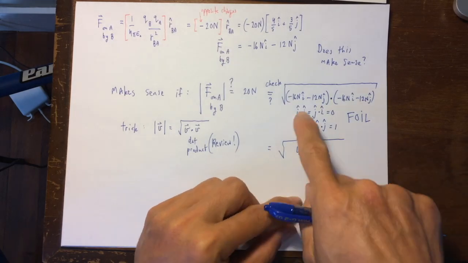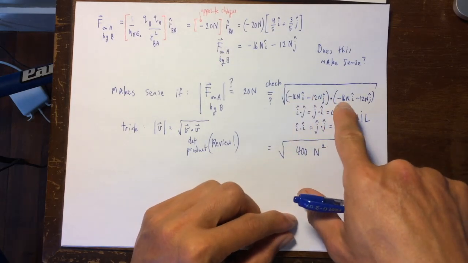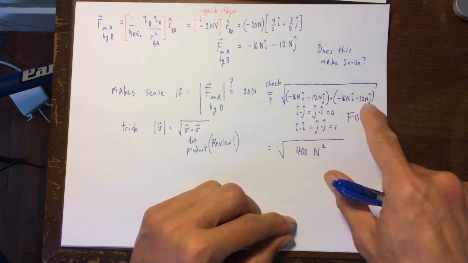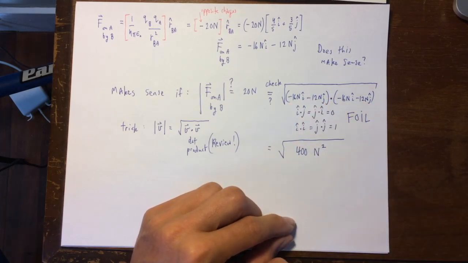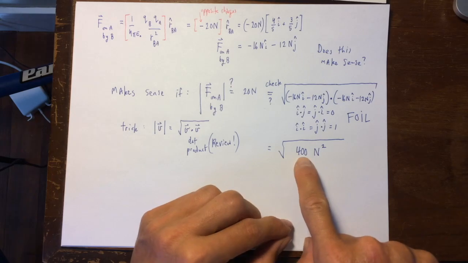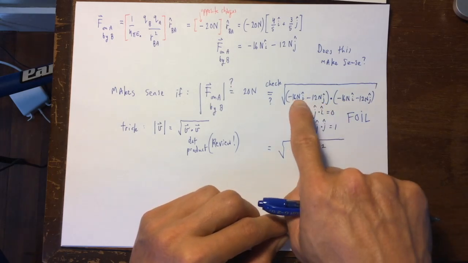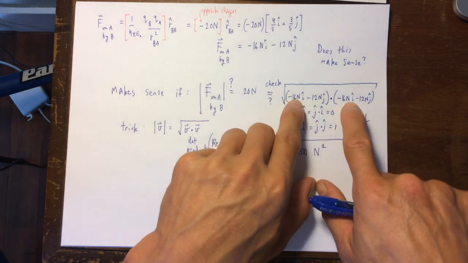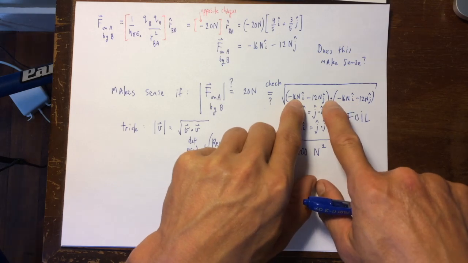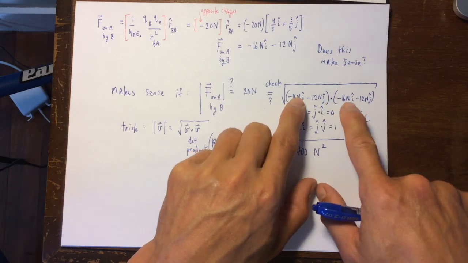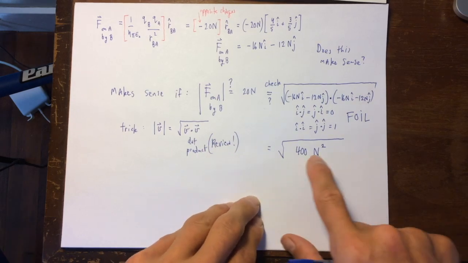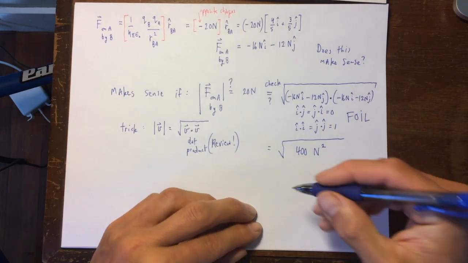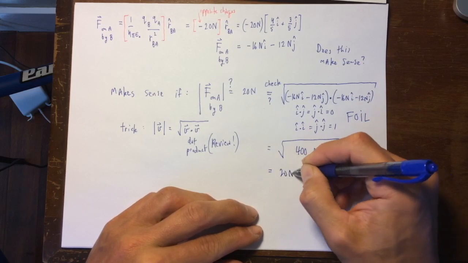You'll do 16 times 16 plus 12 times 12, which ends up being 400. Newtons shows up twice, since the dot product is a product with the units, so it's newtons times newtons. You'll always have newtons squared on all your terms, so when you add them up, you get newtons squared. And this is 20 newtons.